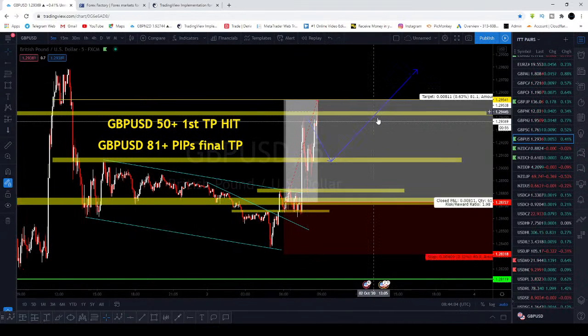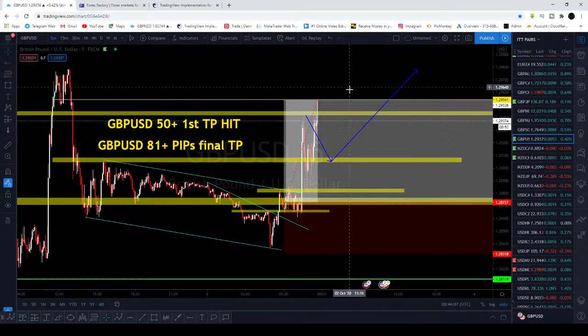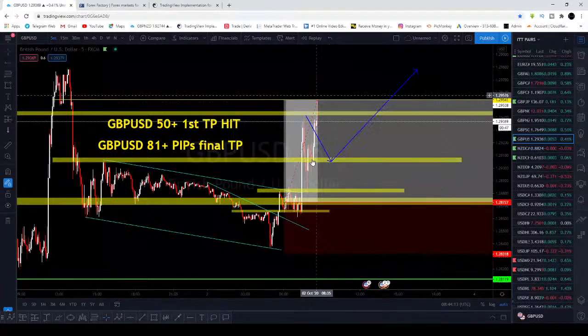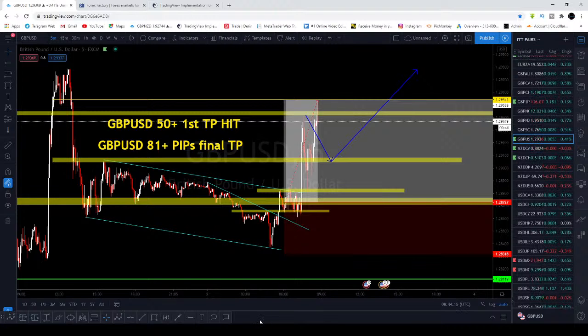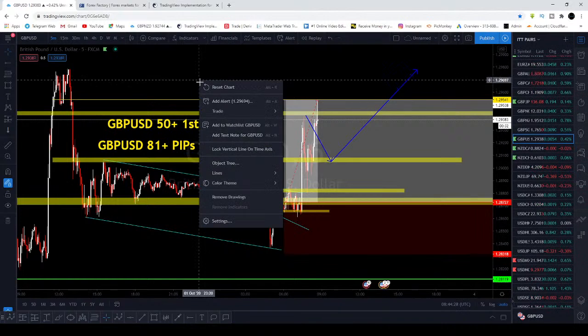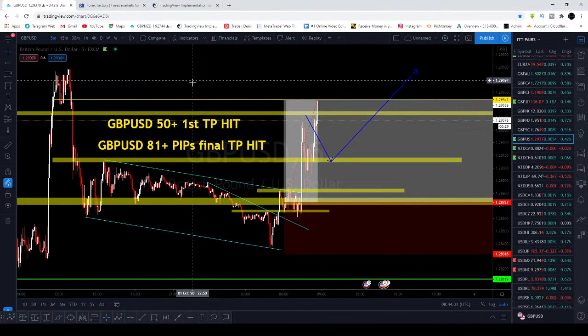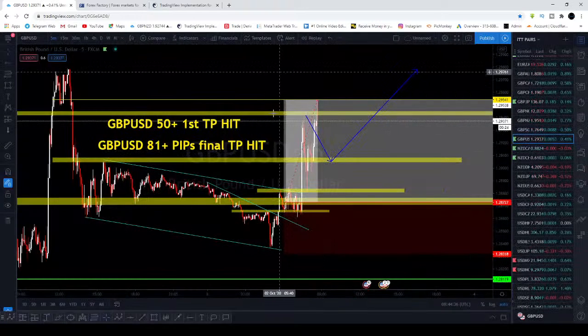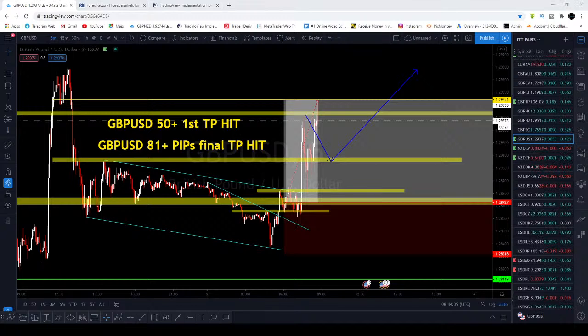So that's all about it. And let me try and screenshot this and send it to our group so that final TP hit. So that's how we do it, and you know it's very simple. Okay, yeah, I'll try to check USDMXN now, and then I'll try to update you guys.